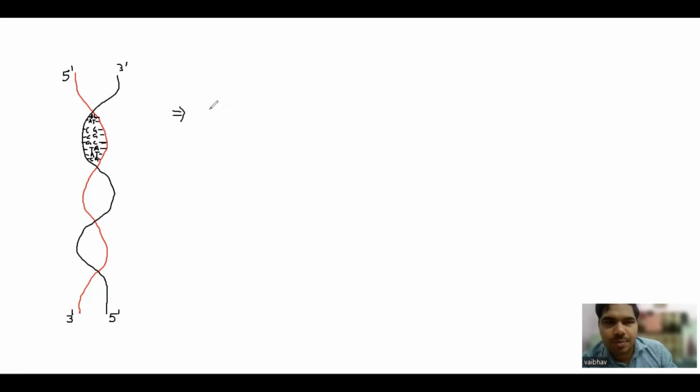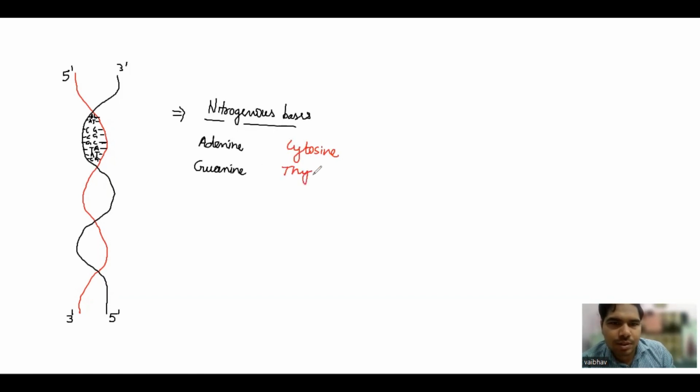Nitrogenous bases, you can represent as adenine, guanine, cytosine, thymine in DNA.